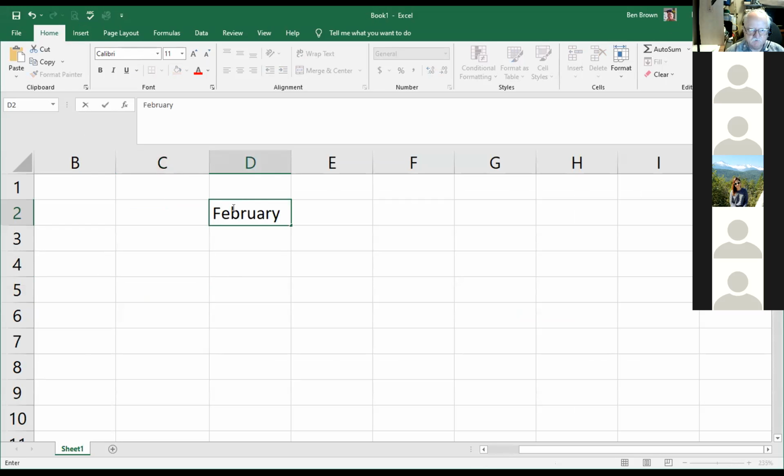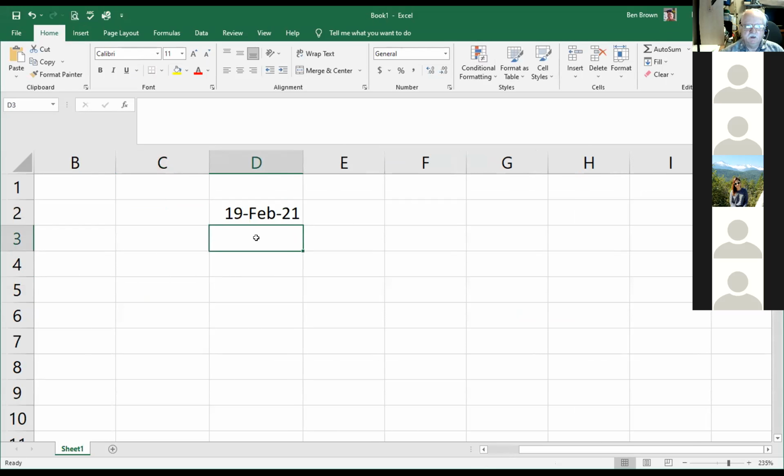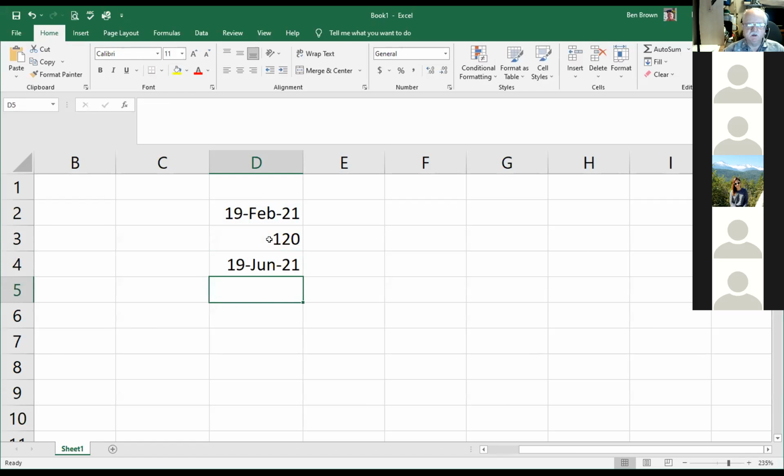So just type in the date, February 19, comma 2021, and then put in the number of days you want, 120, and then go equals this plus this. And it comes up with June 19th, 2021. So let's go back to the other screen. I just wanted to make sure you saw how to do that in Excel.